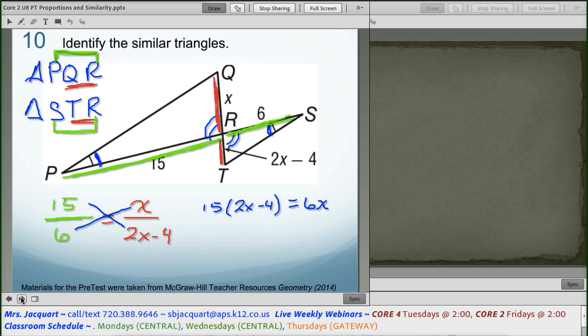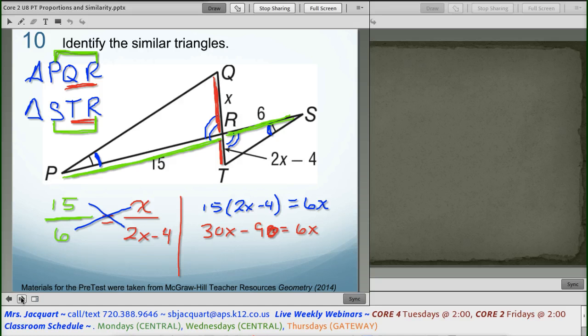Let's distribute. So I get 30x minus 90 equals 6x.